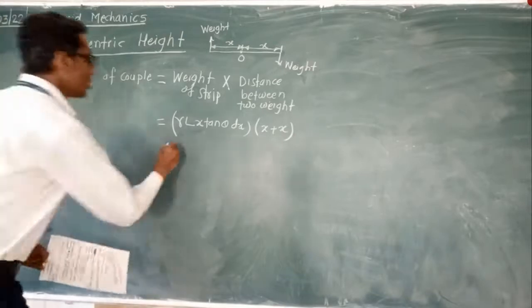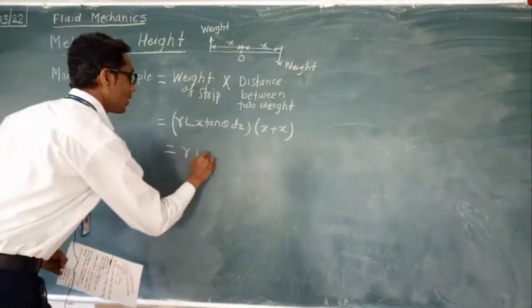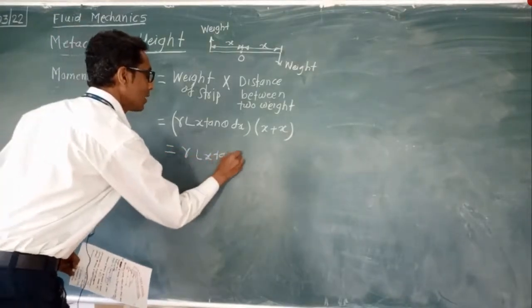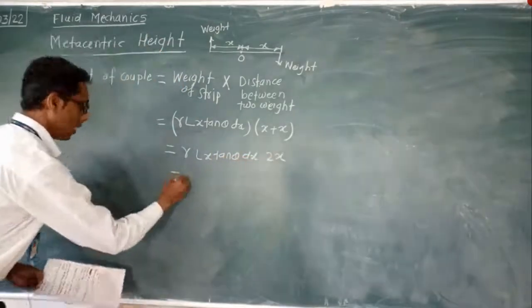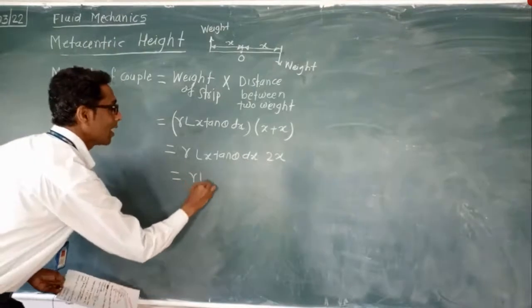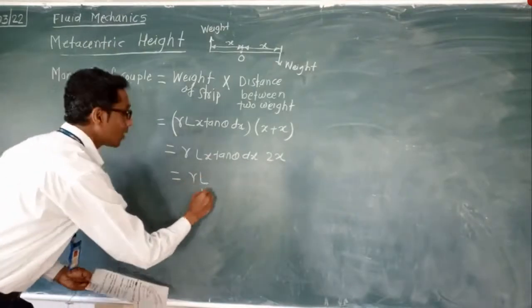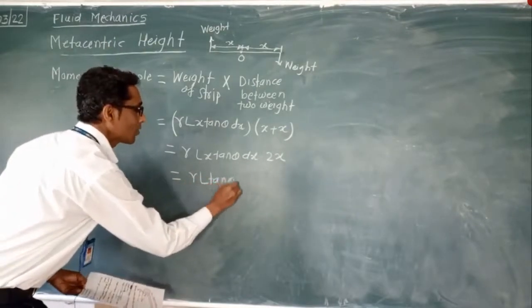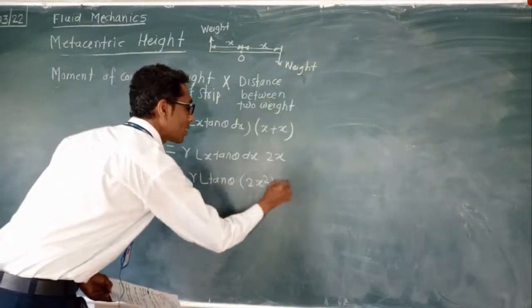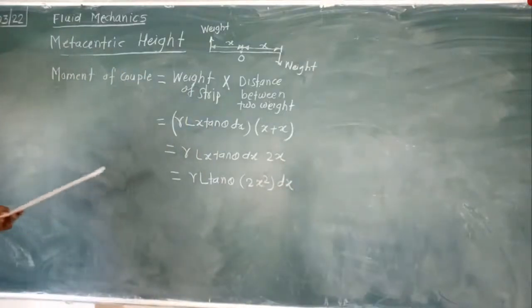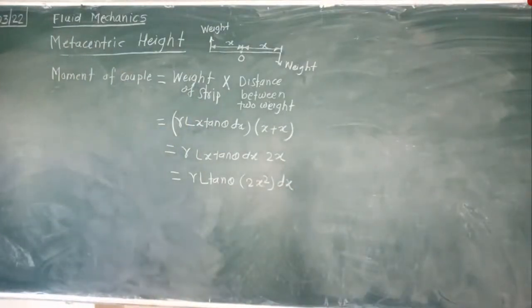Okay, so here gamma L x tan theta dx into 2x. So here it will be what? Gamma L tan theta, we will write first of all, and then we will write here 2x square dx.